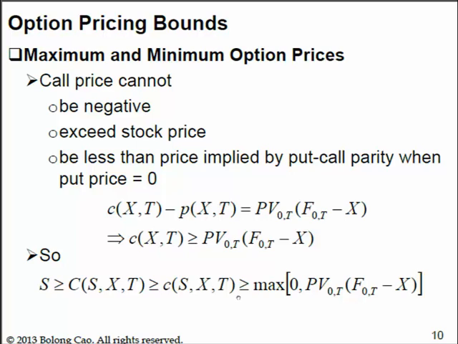And the European call option should be at least the maximum of 0 and the present value of the forward price minus the strike. So we have the upper bound, the underlying stock price, and on the lower side the maximum between 0 and the difference between forward price and strike price taken to the present value.